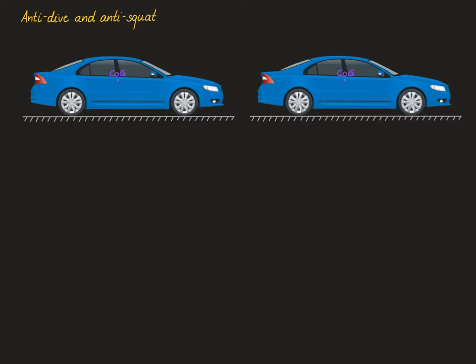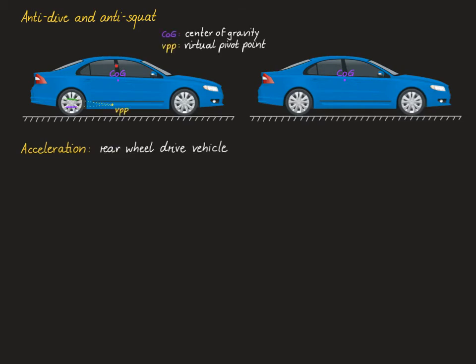We begin with the case of acceleration and consider a rear-wheel drive vehicle. The center of gravity of the vehicle and the virtual pivot point of the rear suspension are given and shown in purple and yellow here respectively.